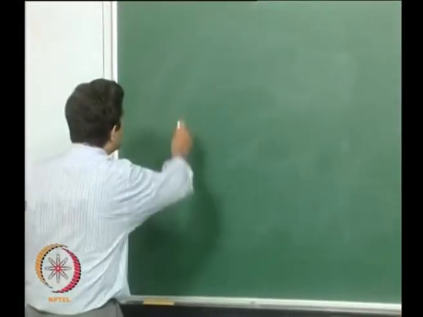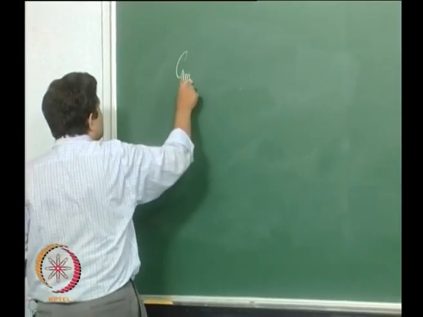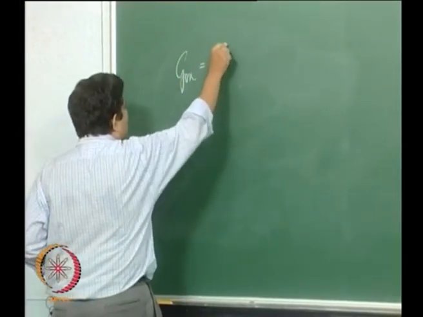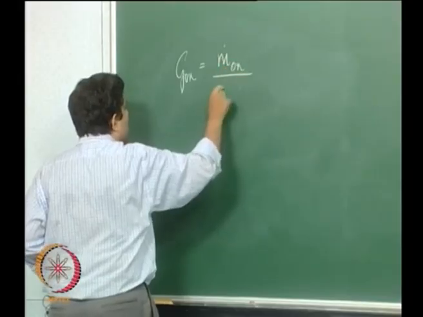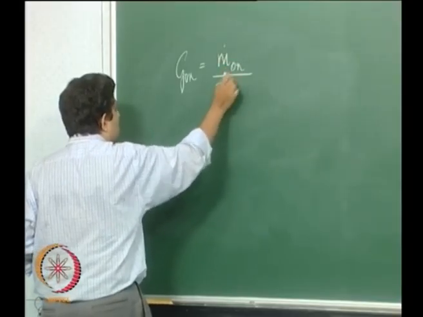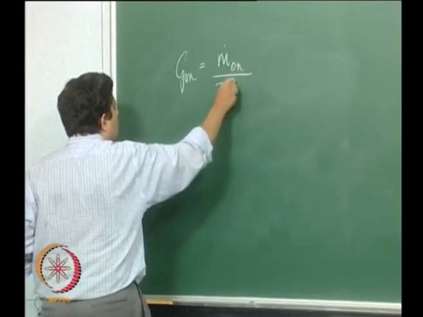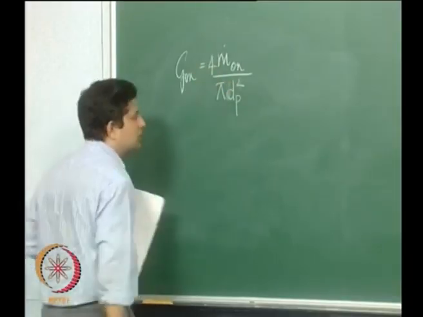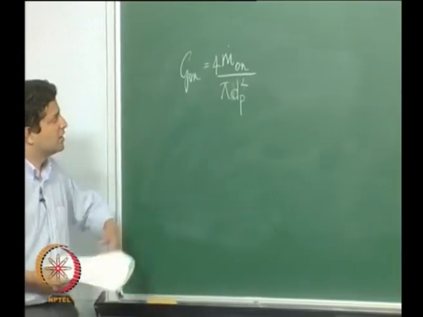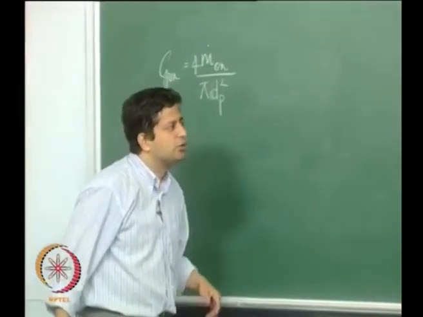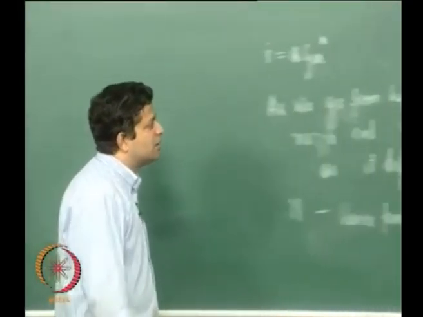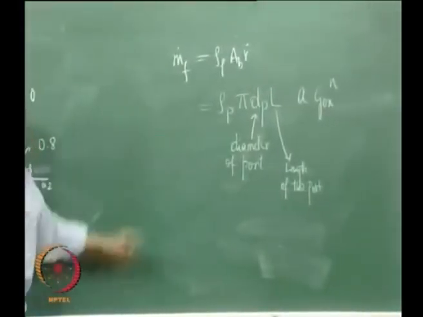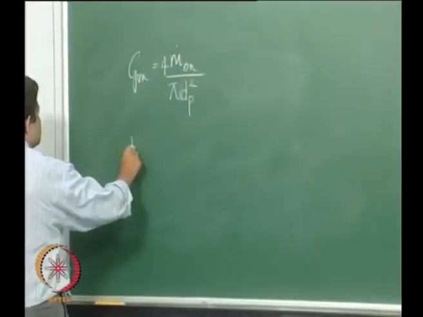So GOX we know is nothing but the oxidizer mass flow rate divided by the port area. If we plug it into this equation, we will get m dot f.